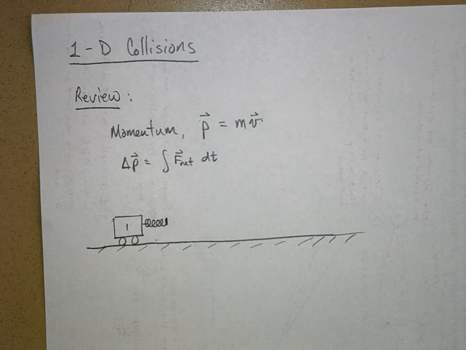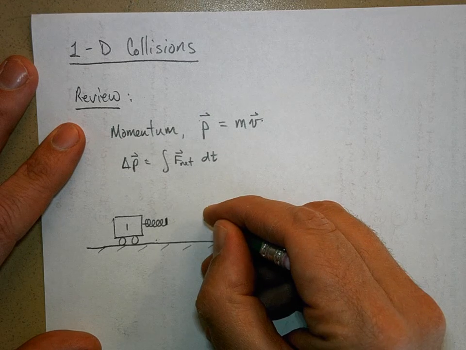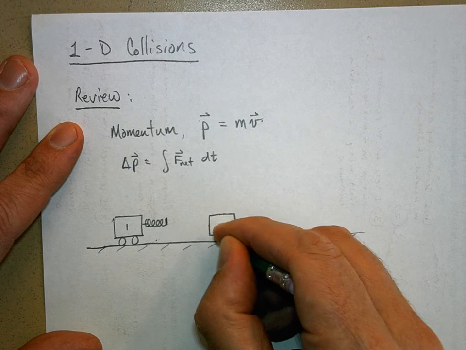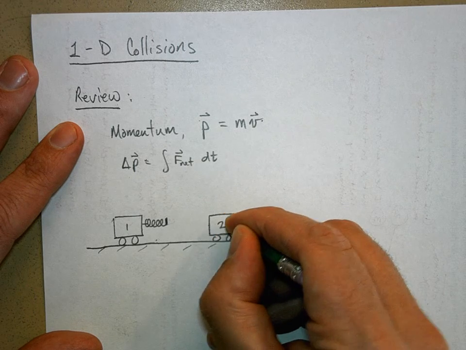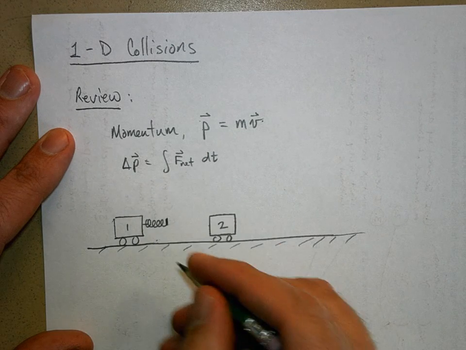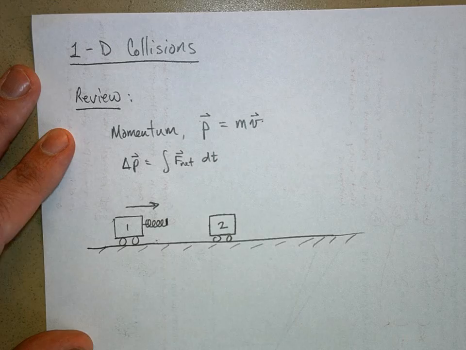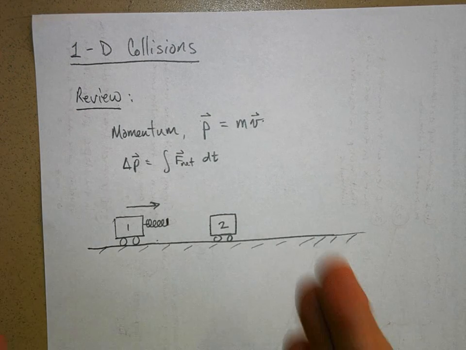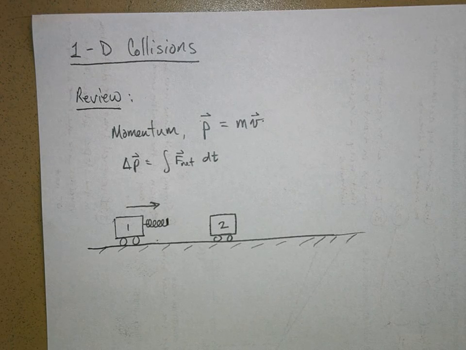Through all these collisions, at least for right now, we don't have to worry about friction or any of that kind of stuff yet. And here's object 2. Let's say object 1 has its own mass, and it has its own initial velocity, and it's headed towards object 2. And they're going to smack into each other. Okay, they're going to collide.